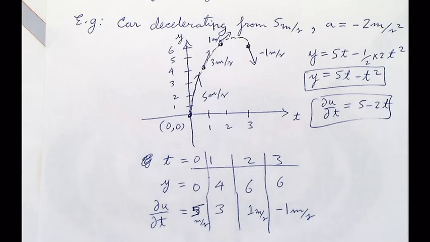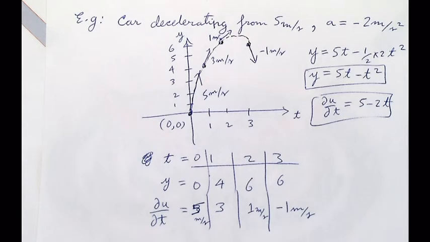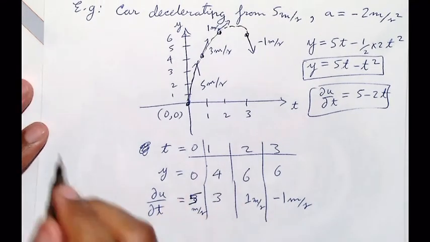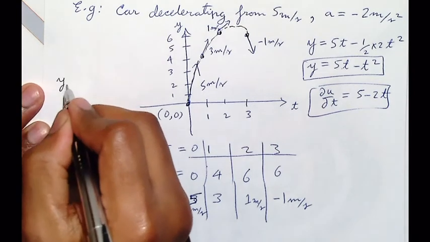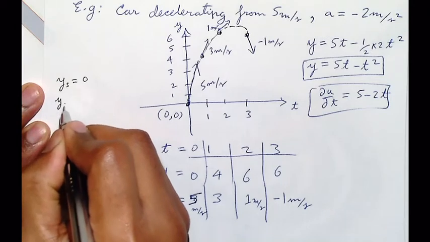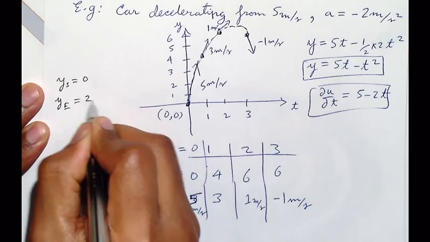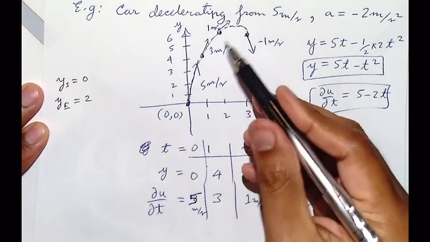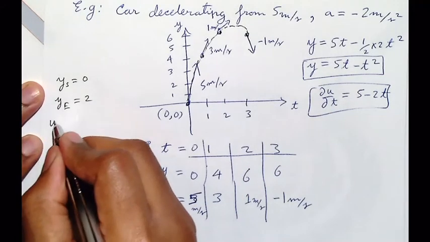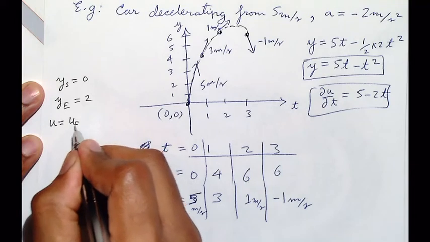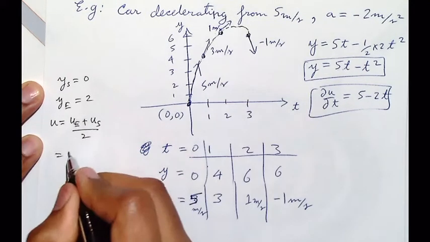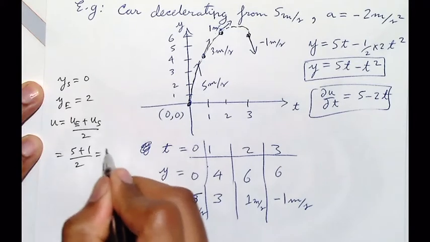Okay. So if we do this approximation that we were talking about earlier, let's say y start is 0, y end is 2, and we use u average is u end plus u start over 2, which in this case is 5 plus 1 over 2 equals 3, okay?